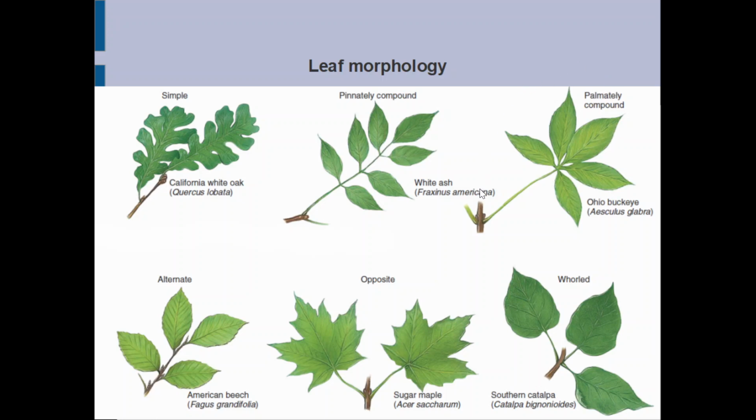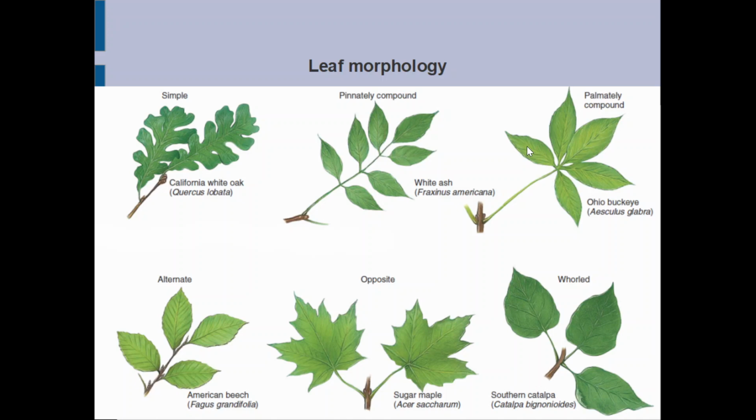And then there is also palmately compound. This type of arrangement is also a compound leaf, so not a simple leaf, that has leaflets in the form of the hand, like we have palms in our hand, and the arrangement is like a palm: 1, 2, 3, 4, 5. So we have 5 fingers on our hand, and then the same here, the leaf has 5 leaflets that are arranged like a palm.